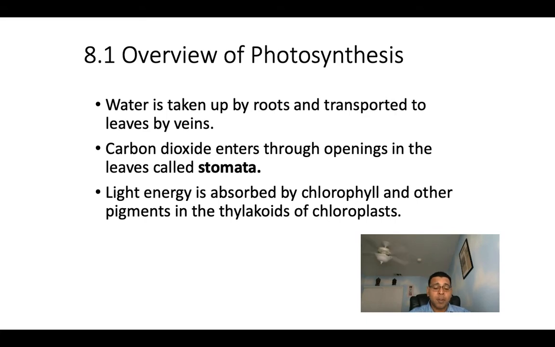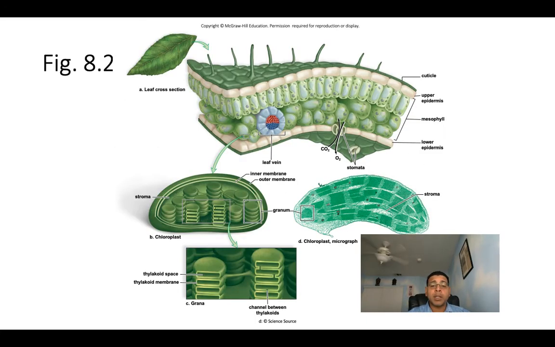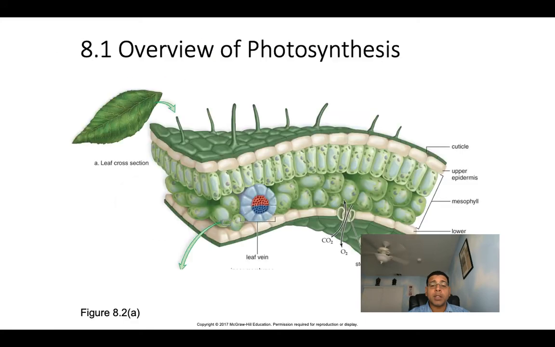Carbon dioxide from the air enters a leaf through small openings we saw here that are called stomata. Here are those tiny openings that allow carbon dioxide in, and eventually we'll see oxygen out. So carbon dioxide enters through stomata.